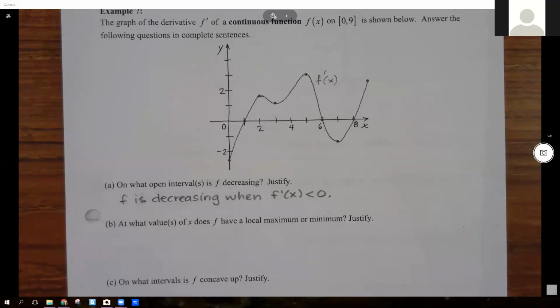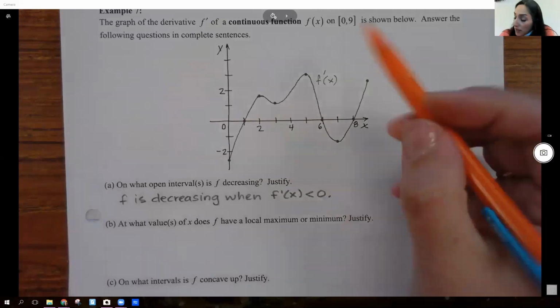From x equals 2 to x equals 3, and then from x equals 5 to x equals 7. That would be true if you had a graph of f, but you have a graph of the derivative of f. Be careful. Oh, is it going to be whenever the graph is negative?